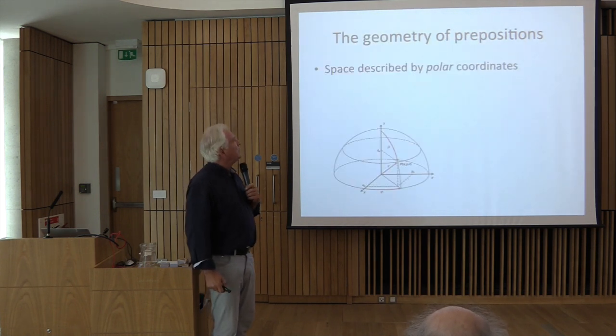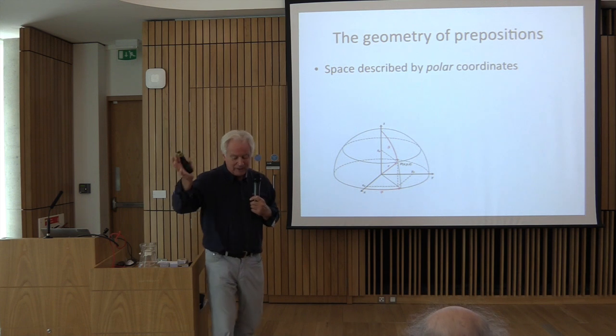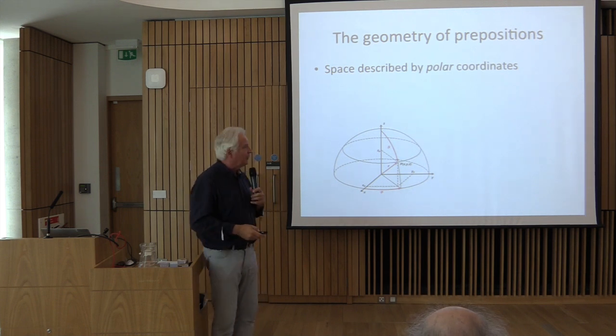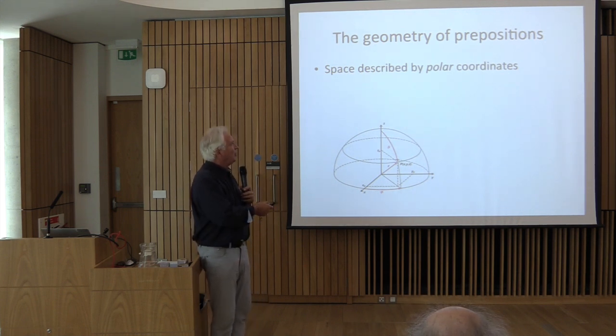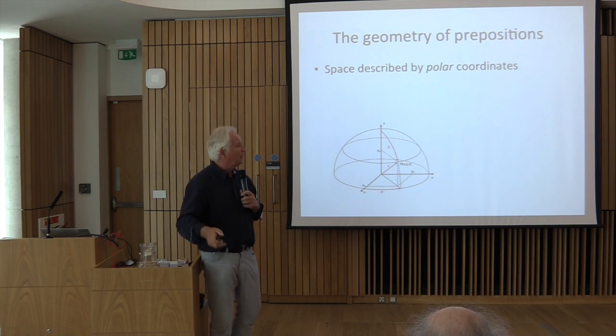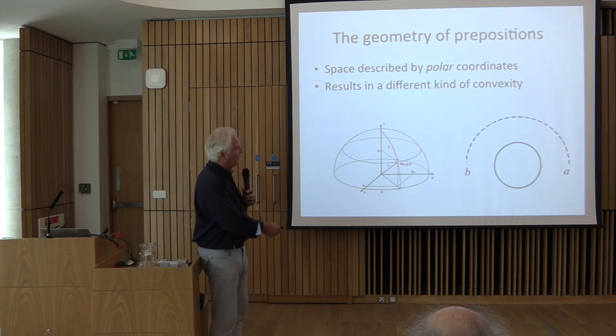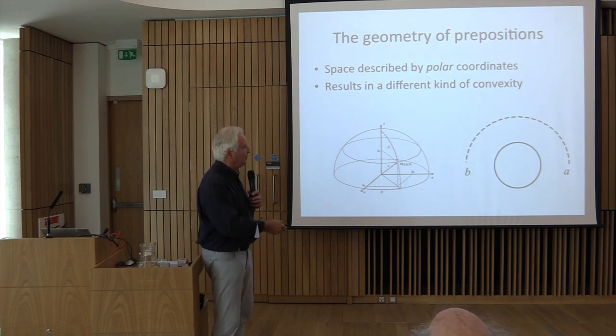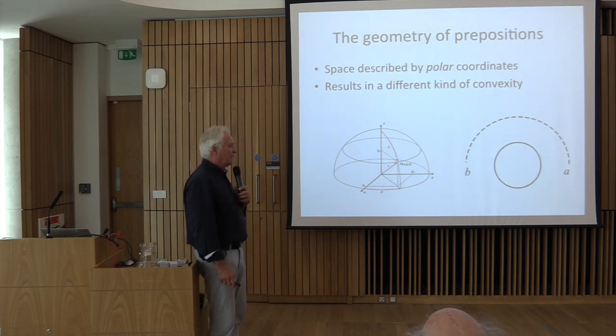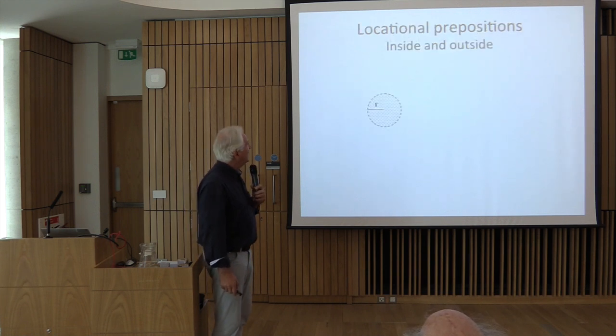The geometry of the prepositions I describe, now again this is work with Jost Schwarz, so we have written a paper on this. It's described by polar coordinates, so we get a different kind of convexity here. So this path is convex. This is a circular landmark. I'm assuming now that landmarks are circular because that makes convexity easier to define.